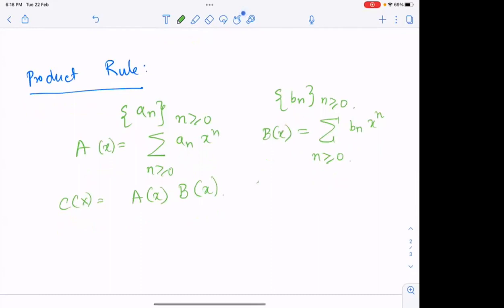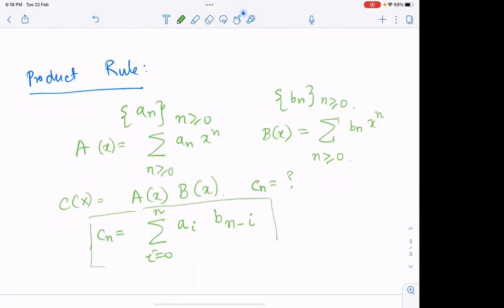So let's see what is the value of Cn. It's really simple, right? Cn is, you take x power i from the A side, that gives you ai, and then take x power n minus i from the B side, that gives you bn minus i, summed from i equal to 0 to n. So this is the relation between the coefficients of A, B, and C.